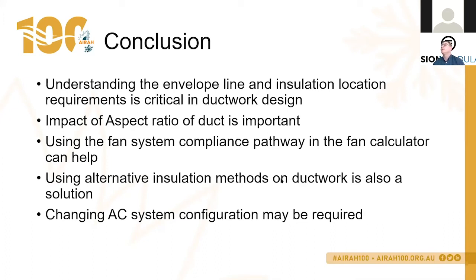Climate zone 6, where the AC ductwork is installed in the roof space under roof insulation. So simple answer is yes. However, it is not just the building envelope insulation.